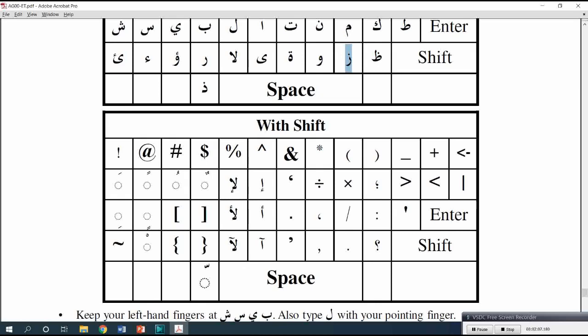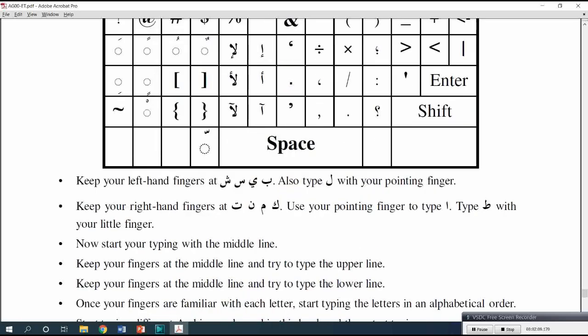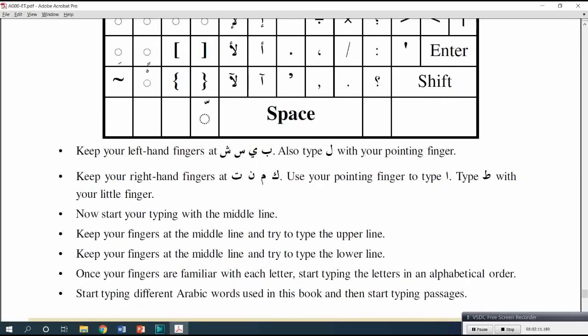Keep your left hand fingers on the keys, because they appear as sheen, sa, ja, ba, like this. Also type la with your pointing finger. So this is the left hand. With the right hand you can press Kaf, Meen, Noon, Ta, like this.